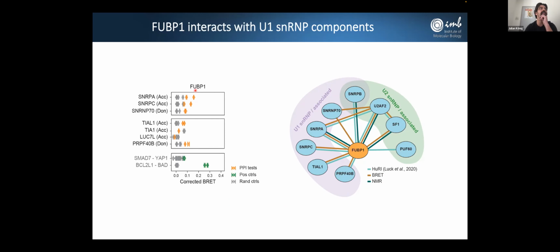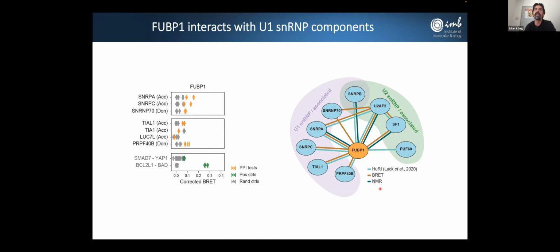This is shown here for these BRET experiments. It looks like for SNRPA and SNRP70 and PRP40B, we also see significant signals, suggesting that maybe FUBP1 might also be involved in bridging across the intron and communicating with the U1 snRNP.